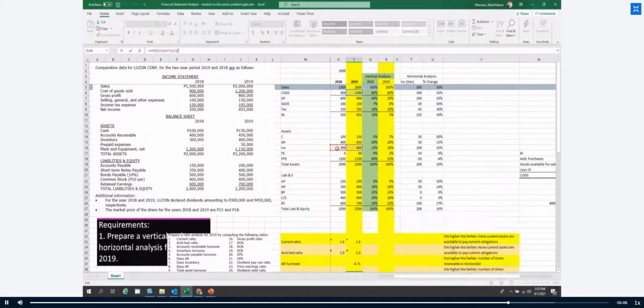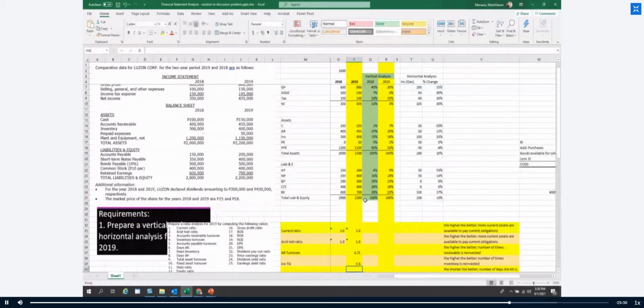So beginning inventory of 300 plus ending inventory of 400 divided by 2. That's how to get your average. So that's 3.4. Again, the higher the better. It is the number of times inventory is reinvested.